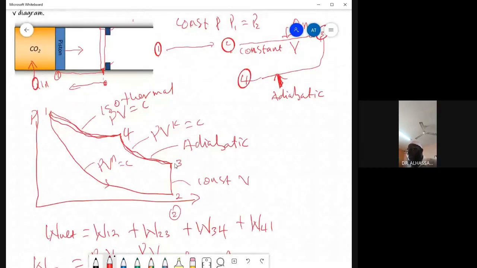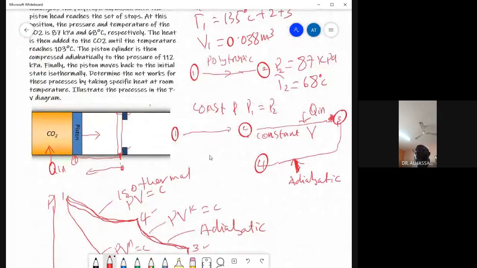So we will establish a relationship between state 3 and state 4 in order to get the value. But before that, the value for K was also not given.